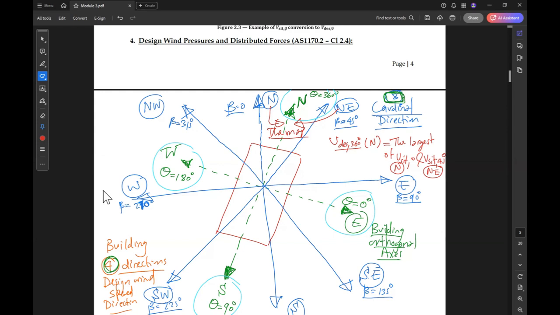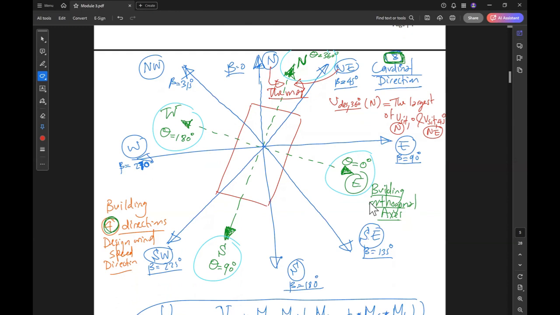So if we apply this here for the east direction, what is V design 0? Yeah, it is the largest between these two, right? So all the time it will be lying between 2. The orthogonal east lies between 2 cardinal directions, east and southeast.